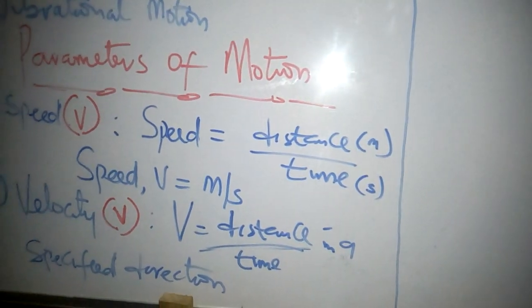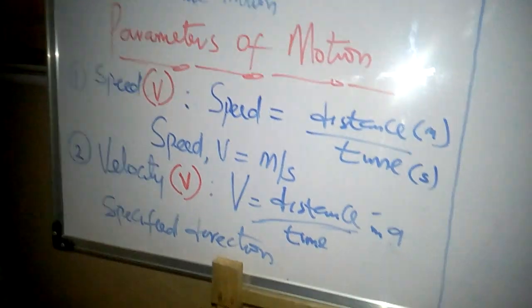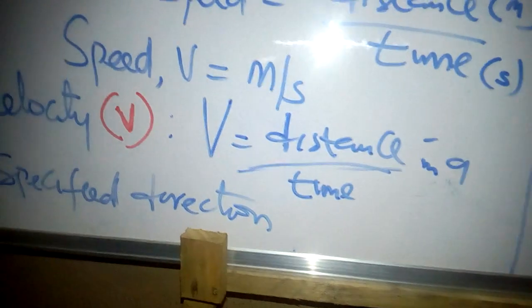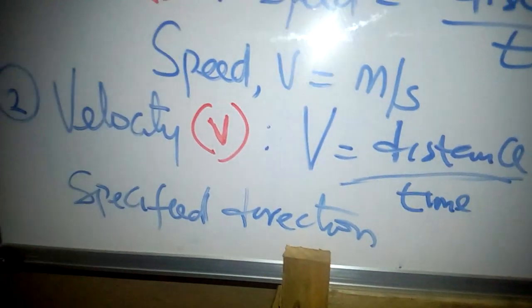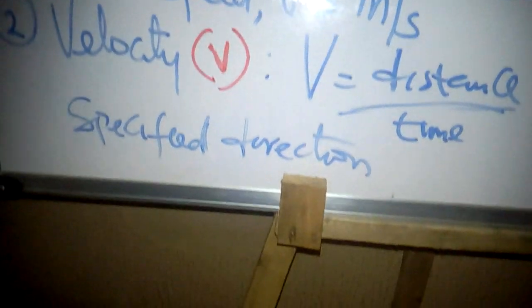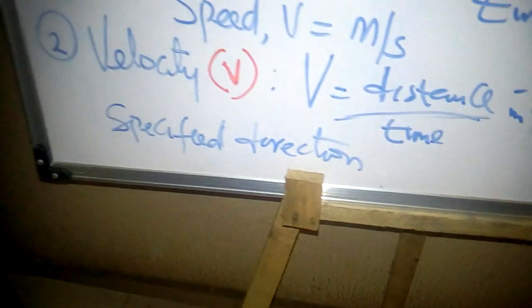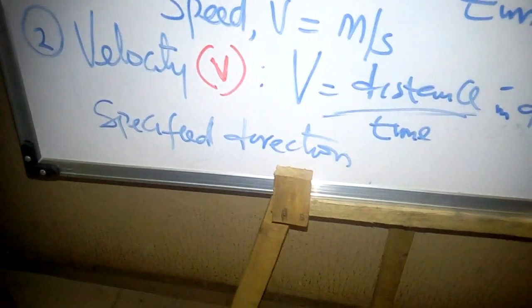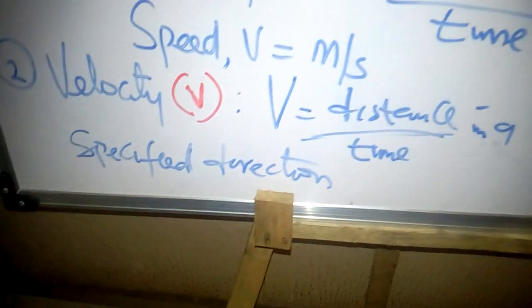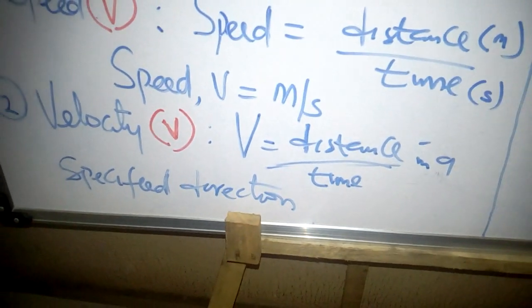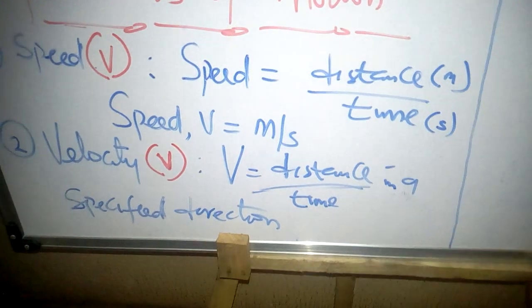So with velocity and speed, you will see that they are almost the same definition. But speed is the rate of change of distance moved with time, and direction is not mentioned there. But velocity is the rate of change of distance moved with time in a specified direction.